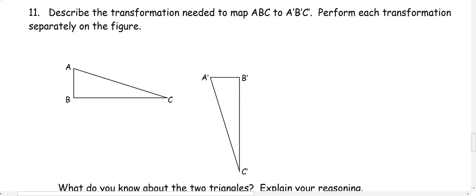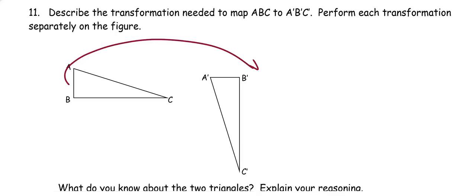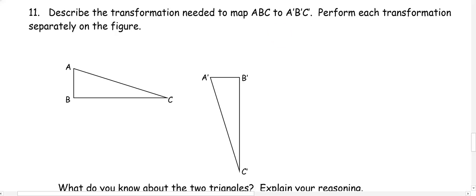Number 11, describe the transformation needed to map ABC to A prime, B prime, C prime. Perform each transformation separately on the figure. So the first thing we can do is move this triangle somewhere over here a little bit more so it's closer to our triangle. So we're going to translate all points of triangle ABC.